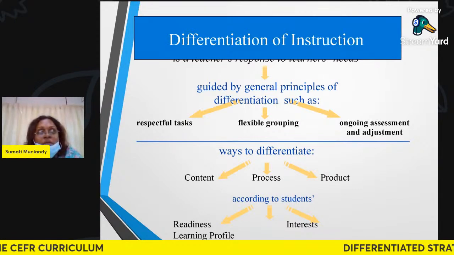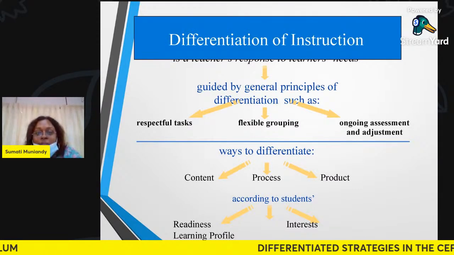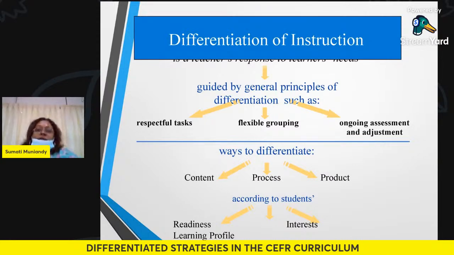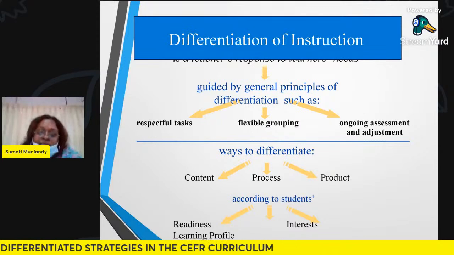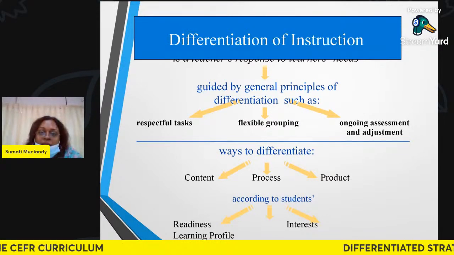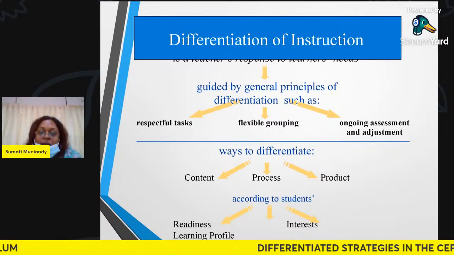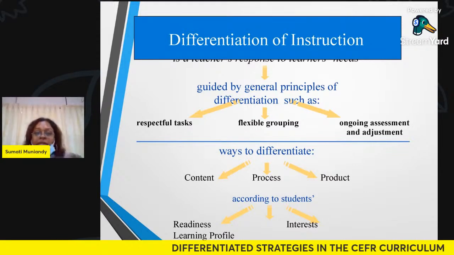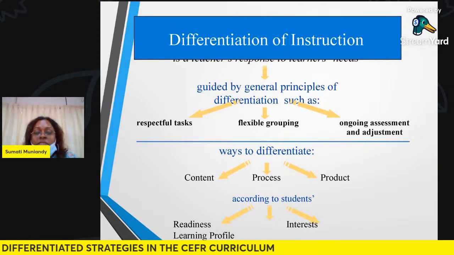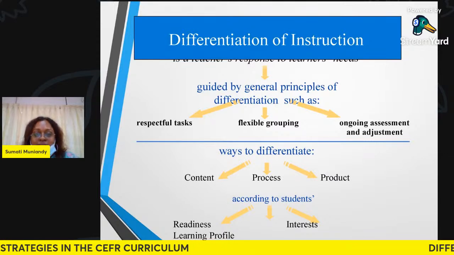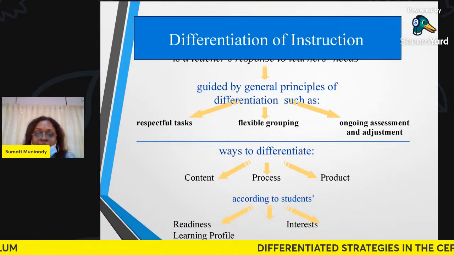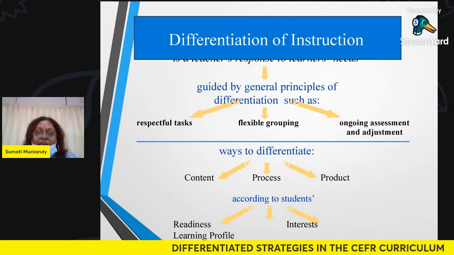All right, the process, you can infuse the differentiated strategies in the process, and the outcome, that is your product. Also, you can integrate that. Yeah, later I will explain to you. Okay, always remember, according to students' needs, their interests, their readiness. Are they ready to begin your class? All right, and their learning profile.